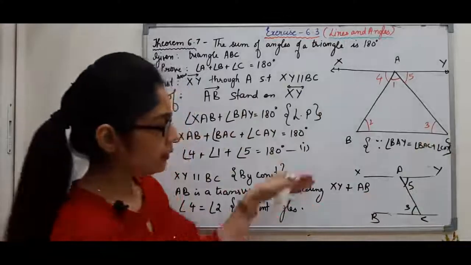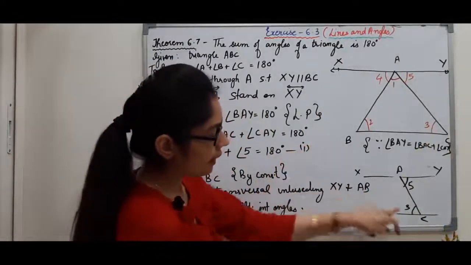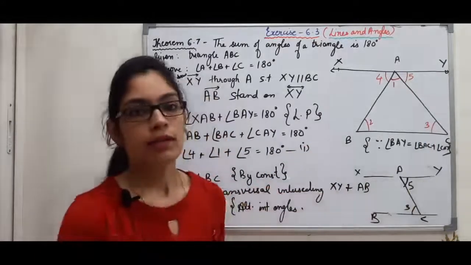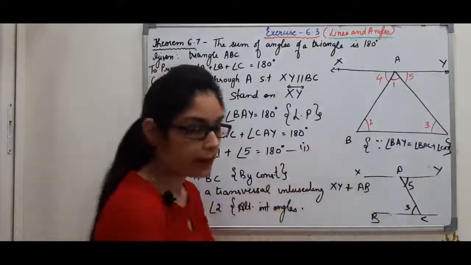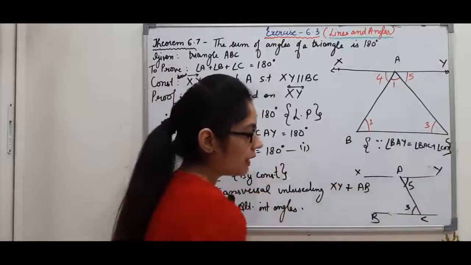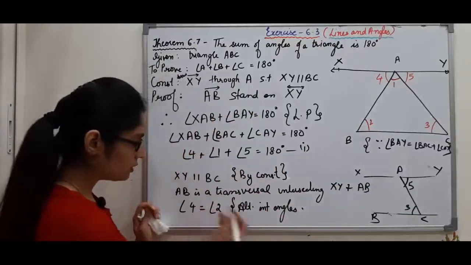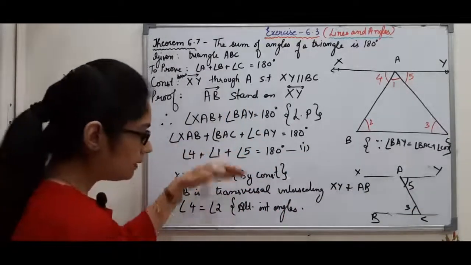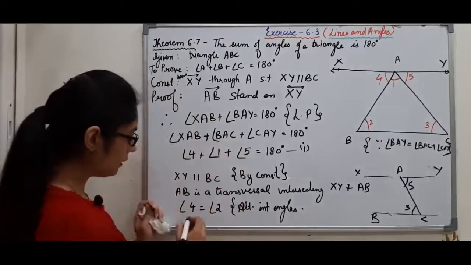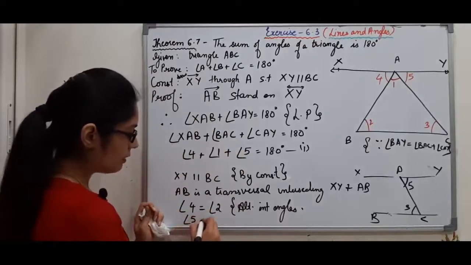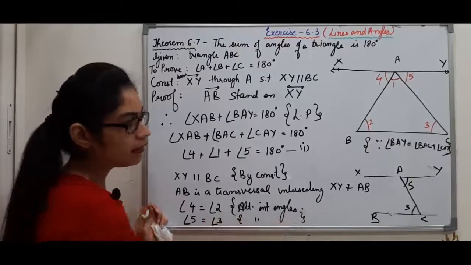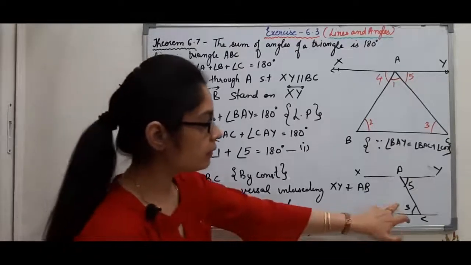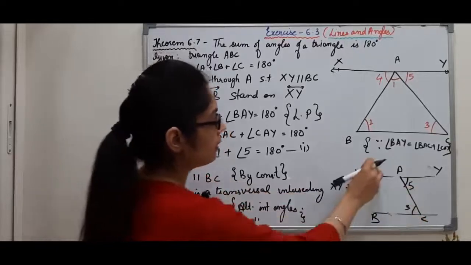Same thing, now you can see XY is parallel to BC, and angle 3 and angle 5 are making a pair of alternate interior angles, both on the inner side of the parallel lines and on opposite sides of the transversal. Similarly, we can write angle 5 is equal to angle 3, same reason, alternate interior angles. It's clearly visible that these two angles are alternate interior angles.